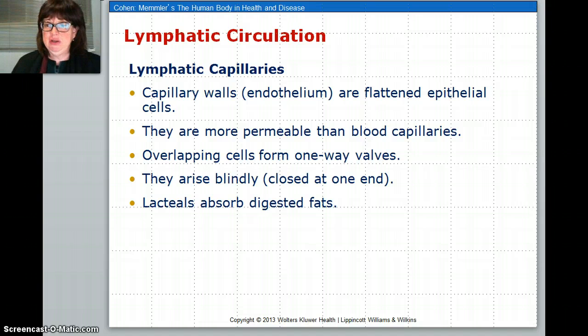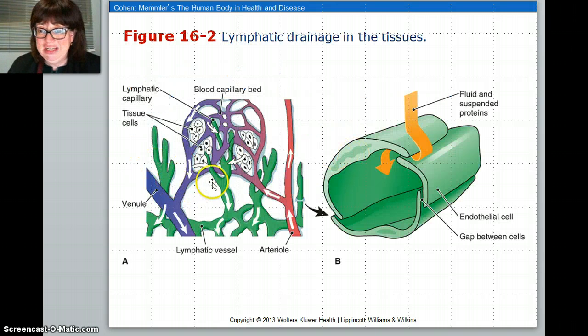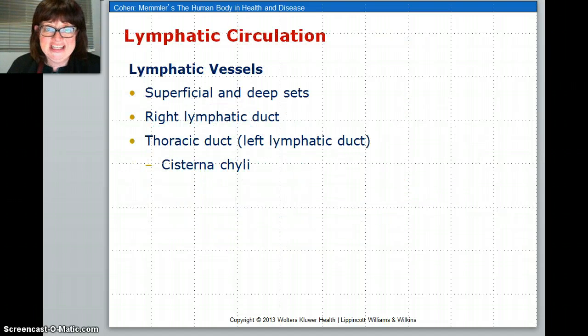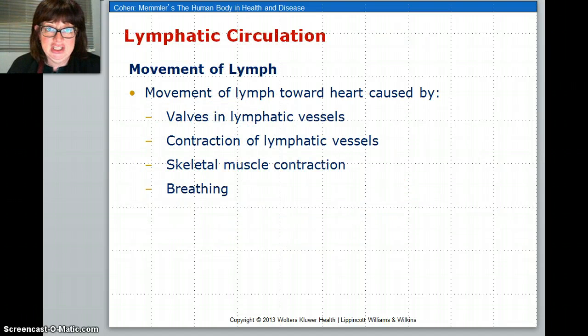The capillary walls are flattened epithelial. They're more permeable than blood capillaries. They overlap to have one-way valves. They end blindly, which means they're closed on one end. And very important, in the digestive system, they absorb fat in the lacteal, if you remember back to the digestive system.